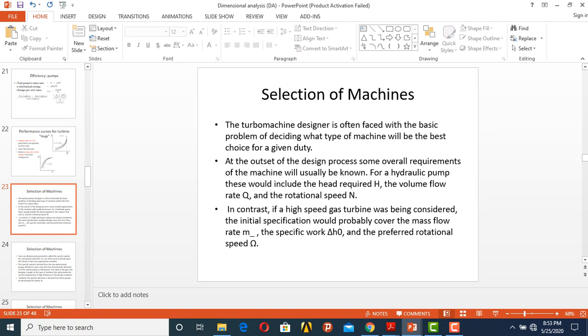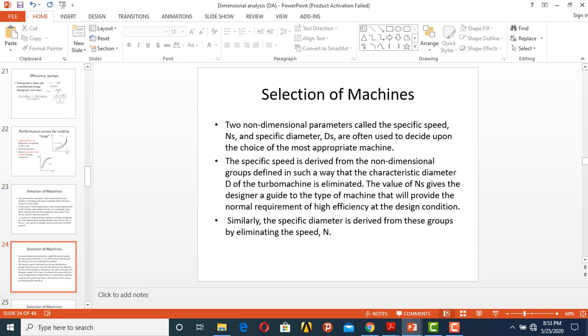So there are a few parameters which border on the operation of these turbines. In this case, for gas turbines, for compressible flows, we consider the mass flow rate, the specific work, in this case related to the entropy, as well as the preferred rotational speed.